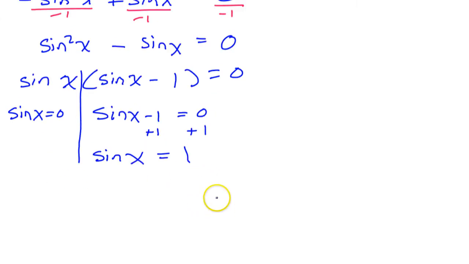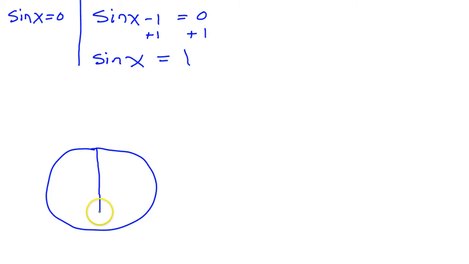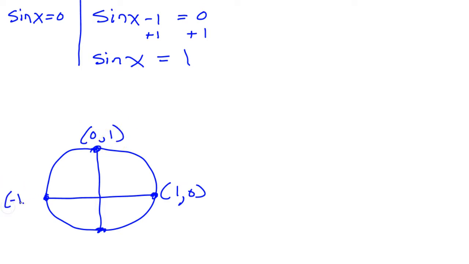Now, both of these look like they can be solved using quadrantal angles. So what I mean is, looking at the unit circle, look at the angles that are multiples of pi over 2. And think about the ordered pairs at these 4 points. All right, we have 1, 0, 0, 1, negative 1, 0, and 0, negative 1.